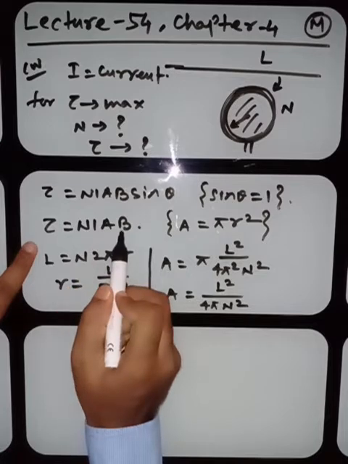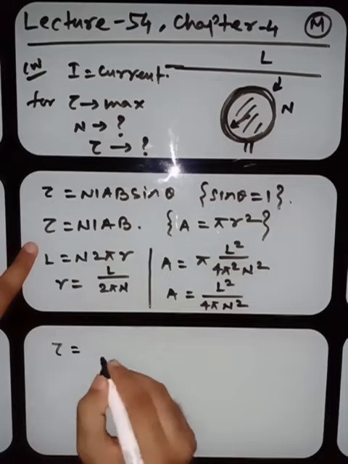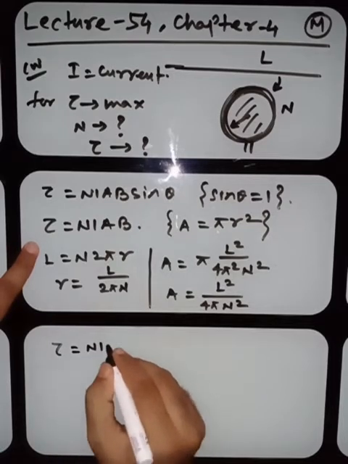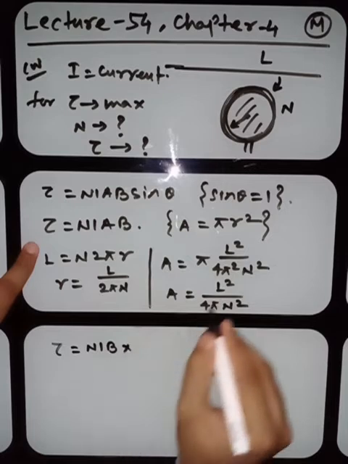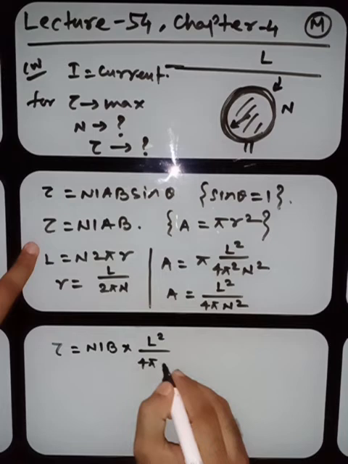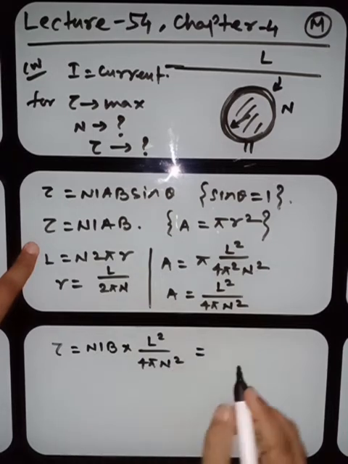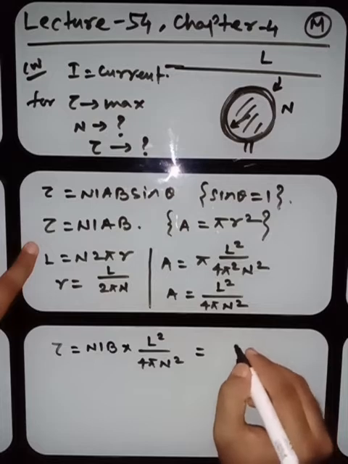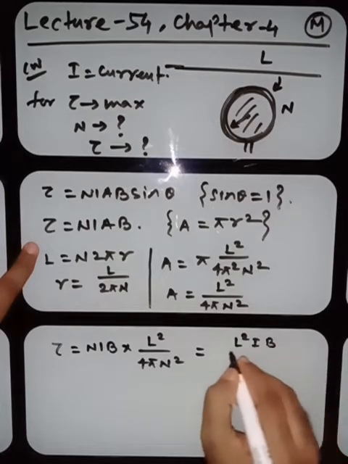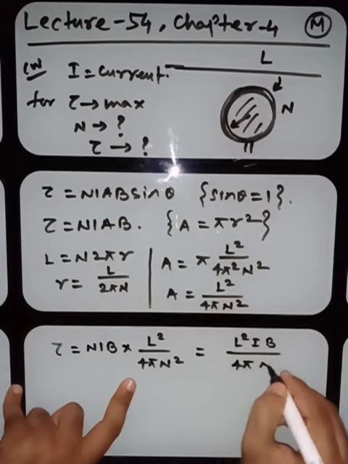So the torque we can write as N I B times A, which is L square by 4 pi N square. The N will be cancelled out, so it is L square IB divided by 4 pi times N.